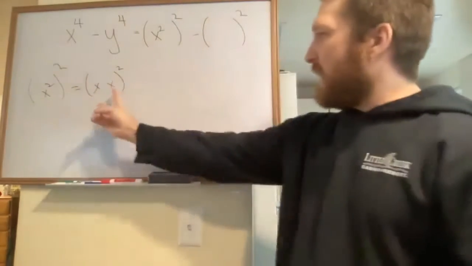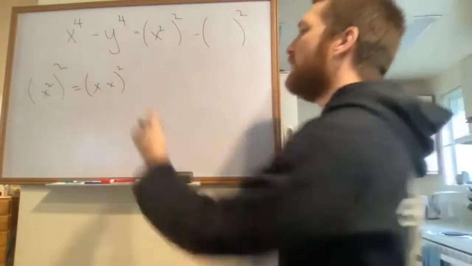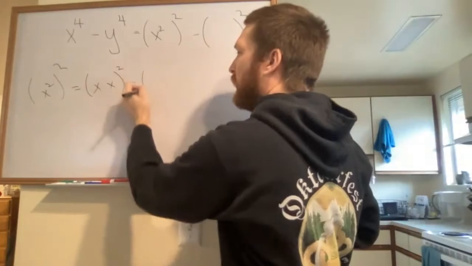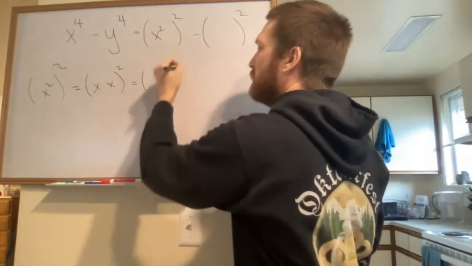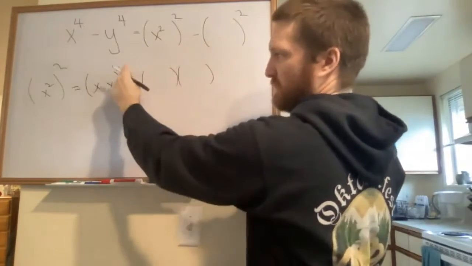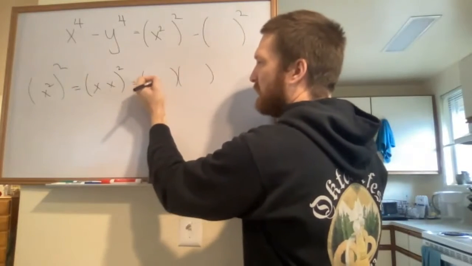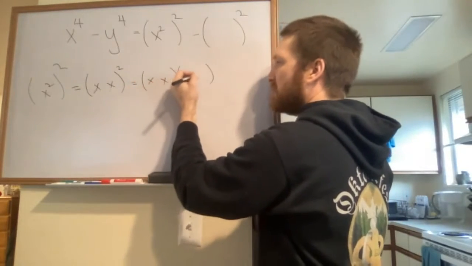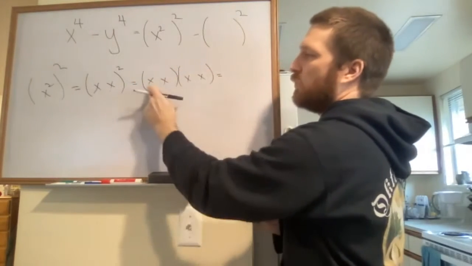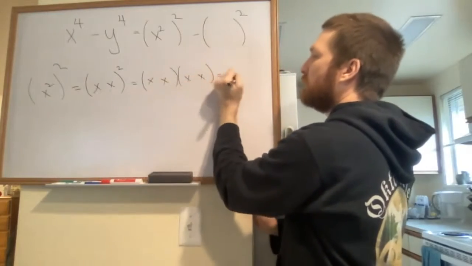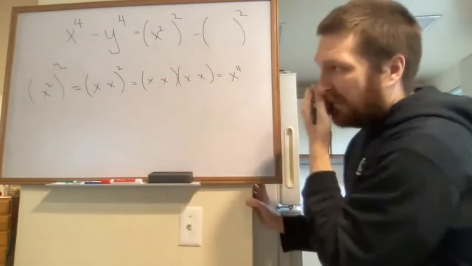Squared means take whatever is in your parentheses and multiply it by itself. So that means x times x times x times x, which is 1, 2, 3, 4 x's. We could rewrite that as x to the fourth.